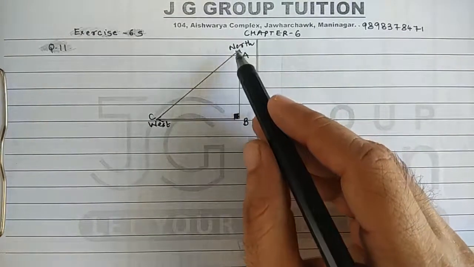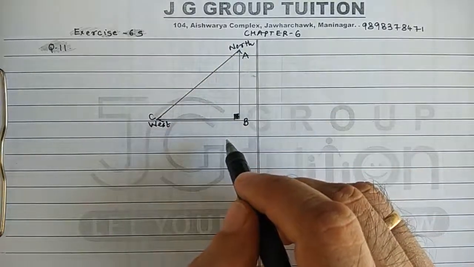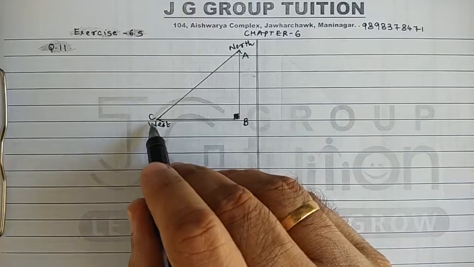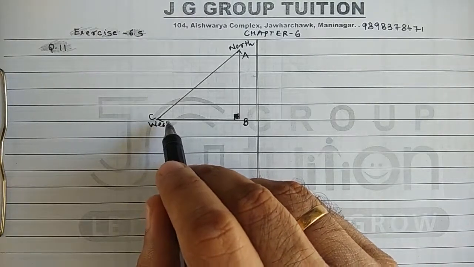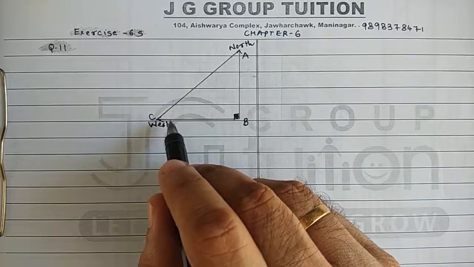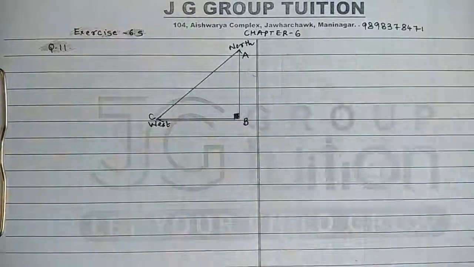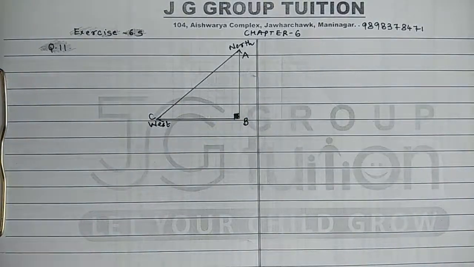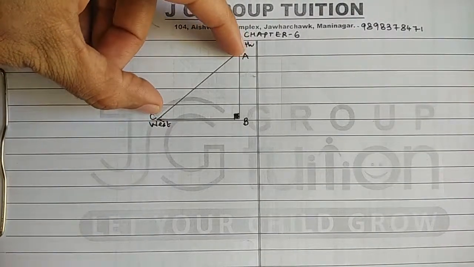At the same time another plane leaves the same airport and flies due west at the speed of 1200 km per hour. So another plane on the west side, 1200 km per hour. How far apart will these two planes be after 1.5 hours? That is, after 1.5 hours, what will be the distance between these two planes, plane A and plane C?